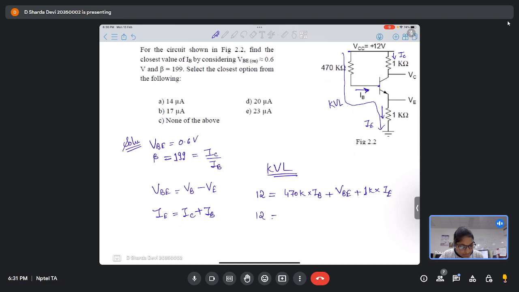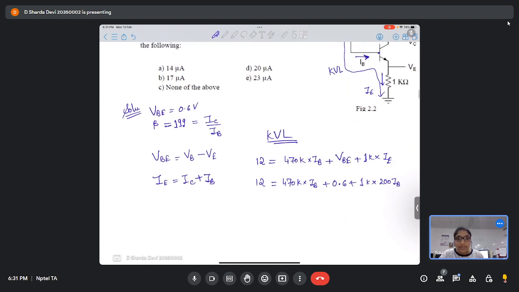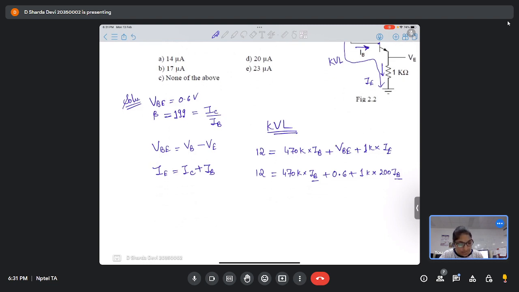So here it will be 470 kilo ohms of IB plus VBE, which is 0.6, plus 1 kilo ohm into 200 of IB. Correct? So now we only have a single variable, and from this equation we can simply get IB.